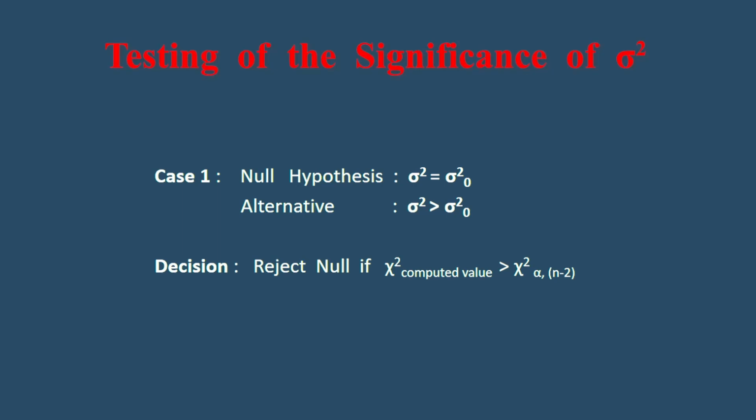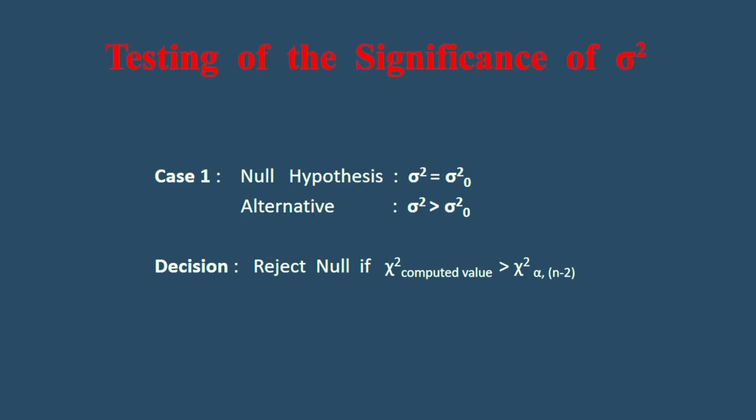Under that, the null hypothesis is that sigma square takes a particular value, sigma square 0, which is a specified value which the population variance takes. The alternative is that it should be greater than this, because we go for a one-tail test or two-tail test accordingly. This is with reference to the one-tail test, where sigma square is greater than sigma square 0, the specified value that we take.